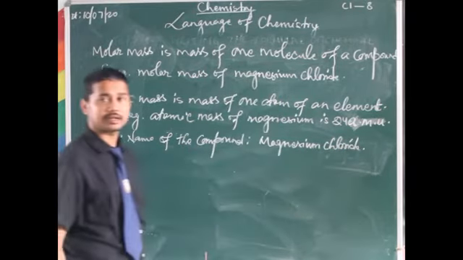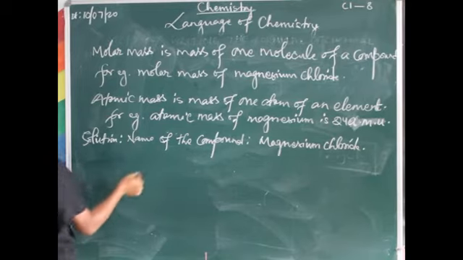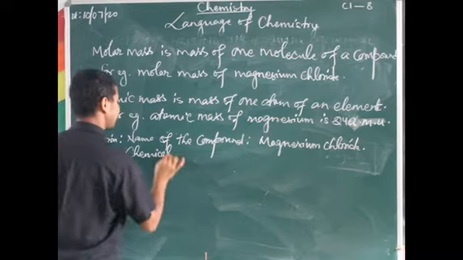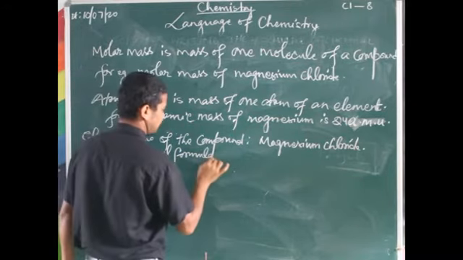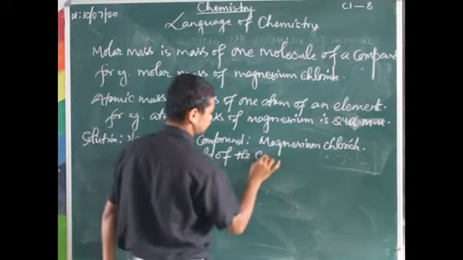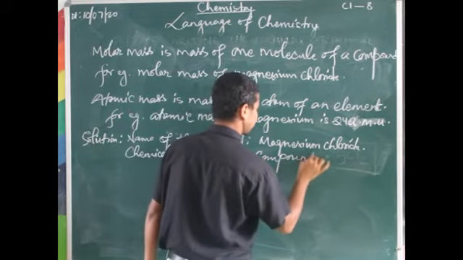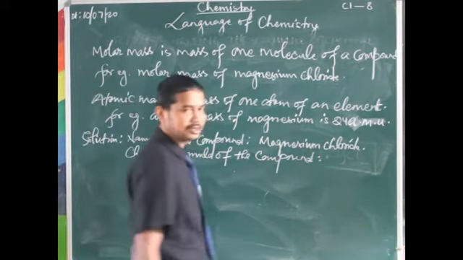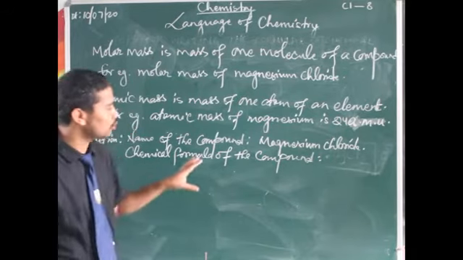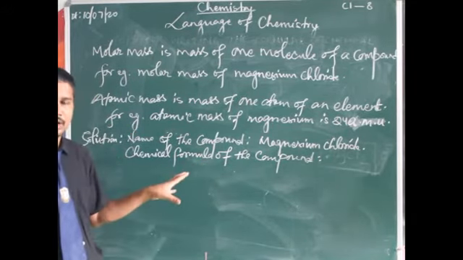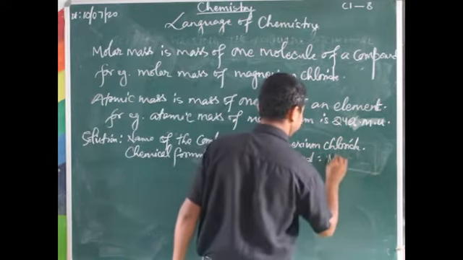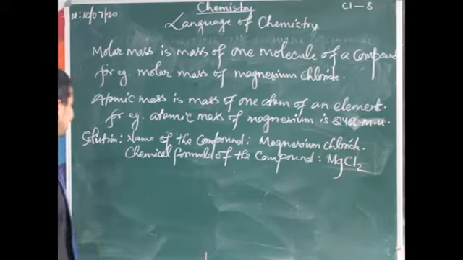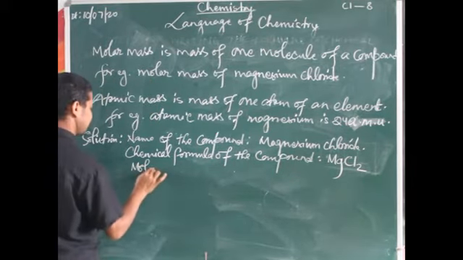Number 2, chemical formula of the compound. So what is the chemical formula of the compound magnesium chloride? We wrote the chemical formula here only. It is MgCl2.